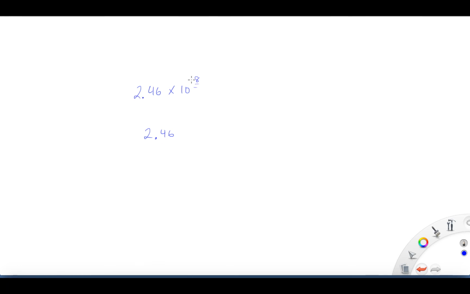To get this to standard form, we're going to have to move it to the right 8 times. So here's 1, 2, 3, 4, 5, 6, 7, 8. There's the decimal. In all these little troughs, we put zeros, because we multiplied it by 10 to the 8th power. If we put commas in here, it's 246 million.